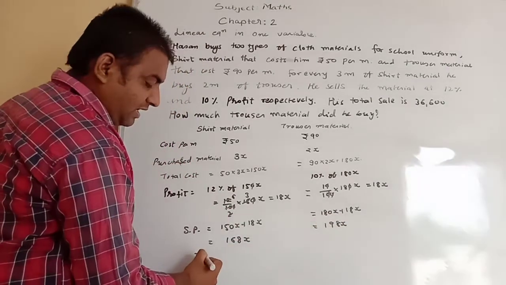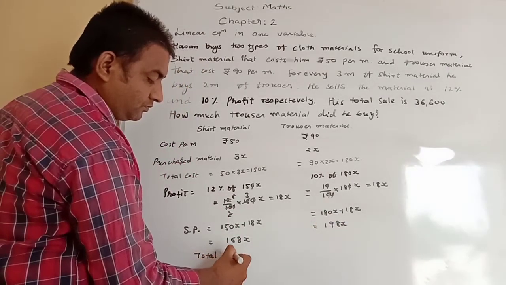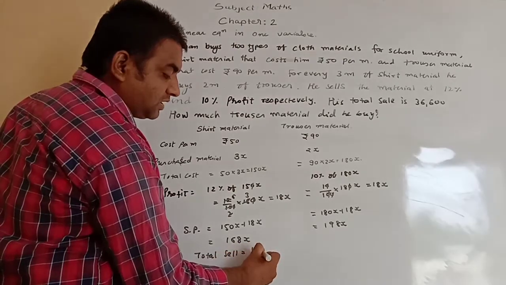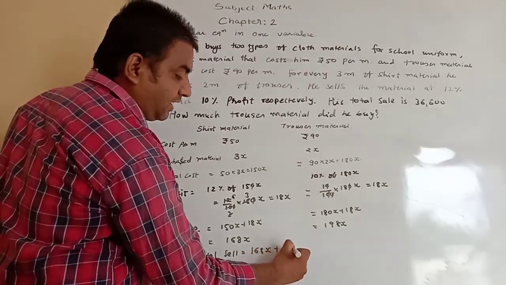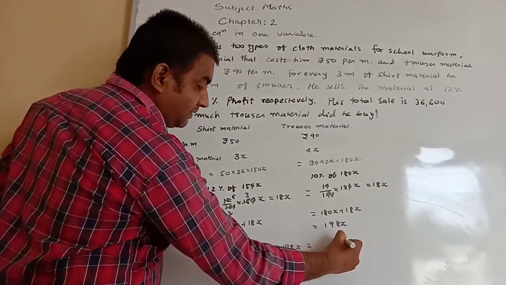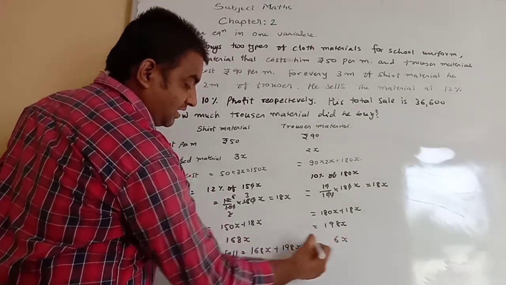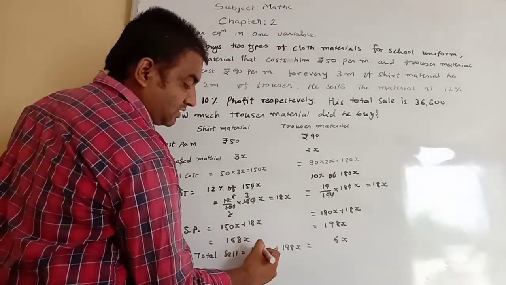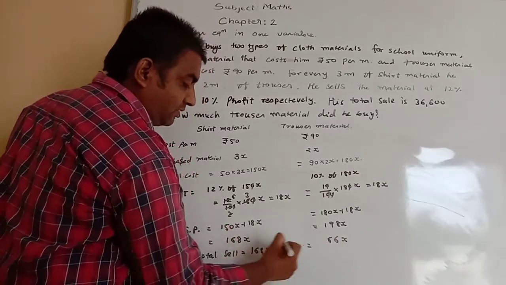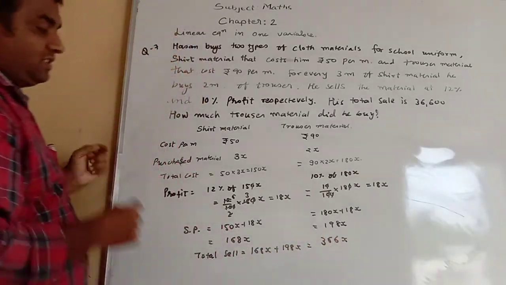And so total sales equals 168x plus 198x, which is 366x.